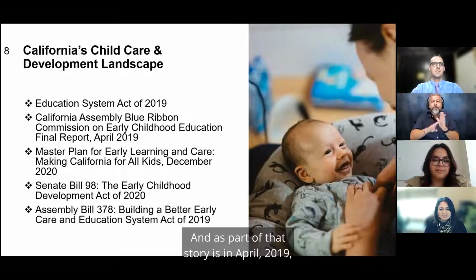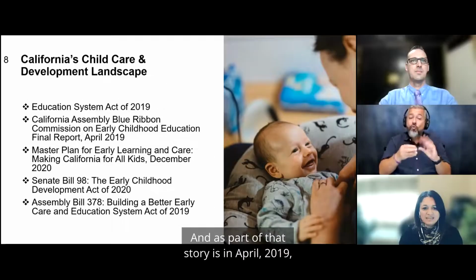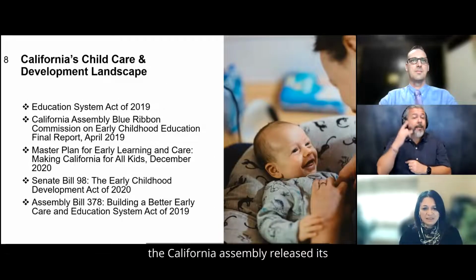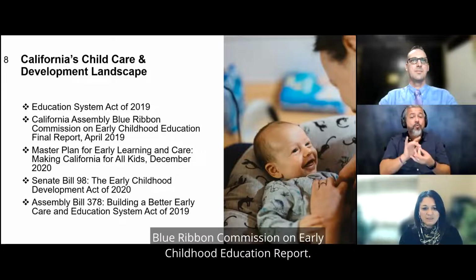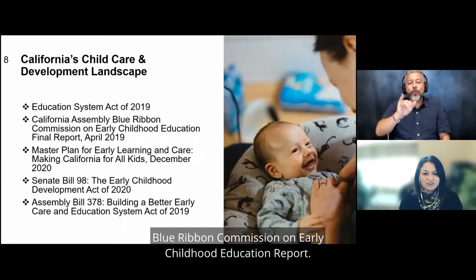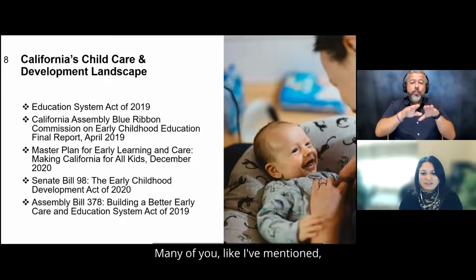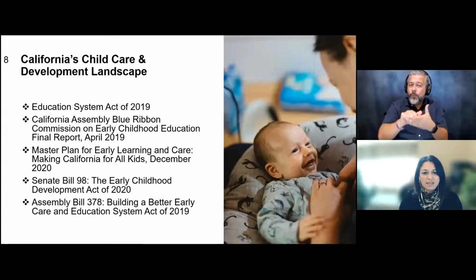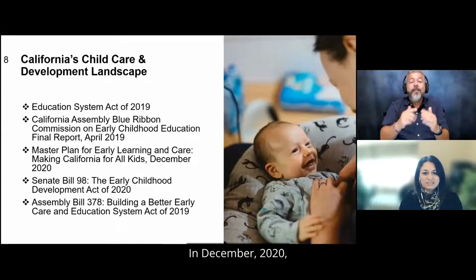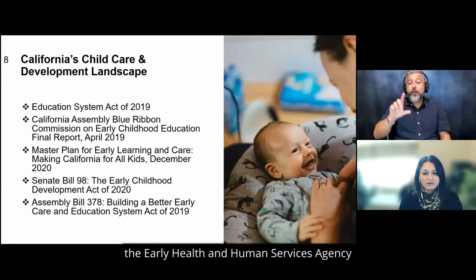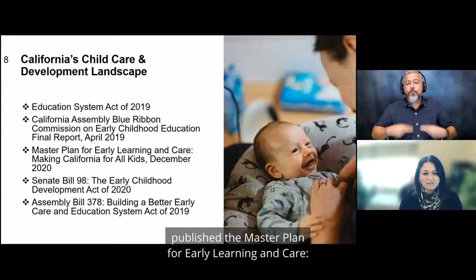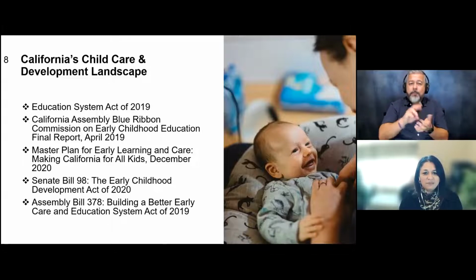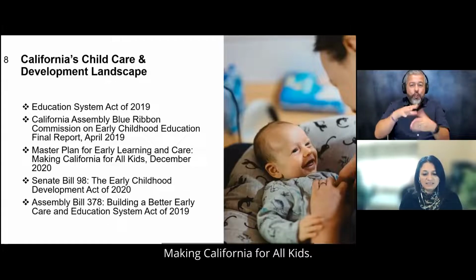As part of that story, in April 2019, the California Assembly released its Blue Ribbon Commission on Early Childhood Education Report. Many of you, like I've mentioned, were part of that work and contributed to the Blue Ribbon Commission report itself. And then building upon that, in December 2020, the California Health and Human Services Agency published the Master Plan for Early Learning and Care, Making California for All Kids.